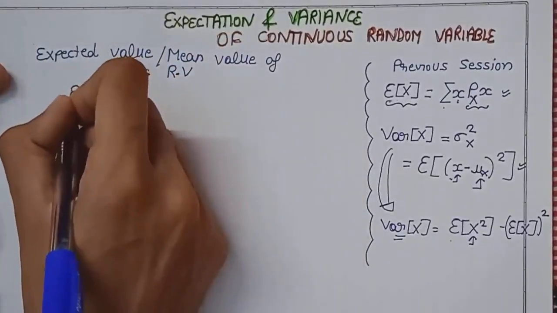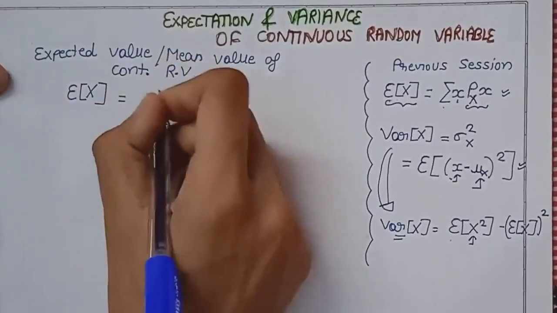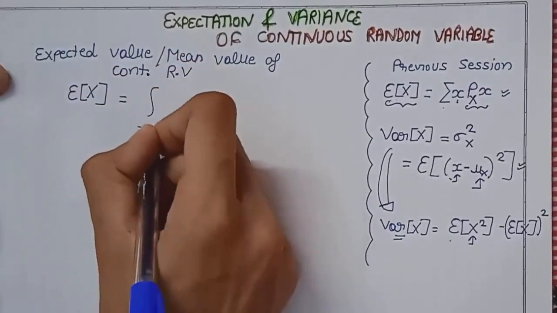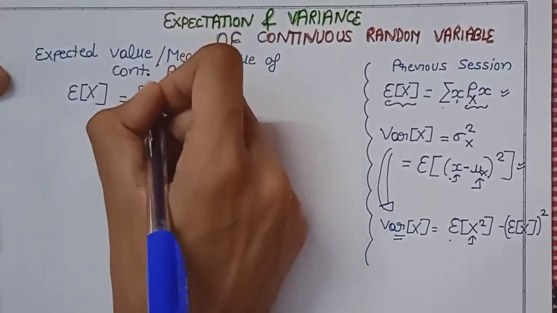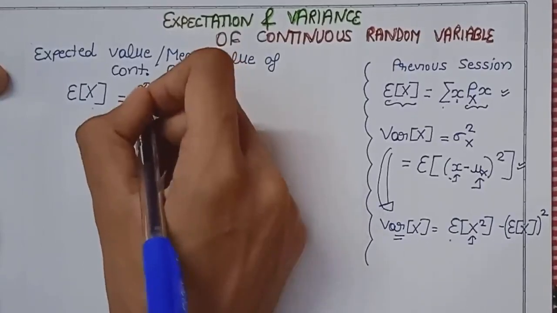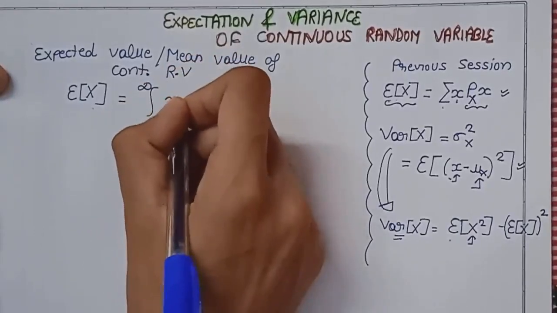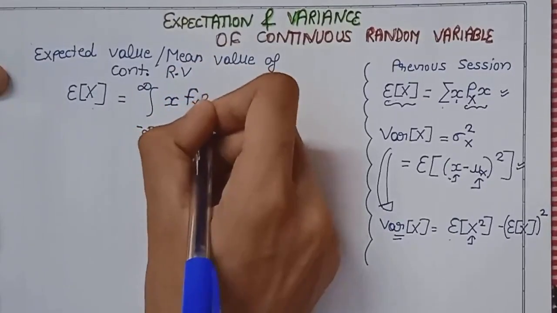So it is denoted by E of x, and the formula to calculate the expectation for the continuous random variable is integration from minus infinity to plus infinity of product of x and the PDF values.